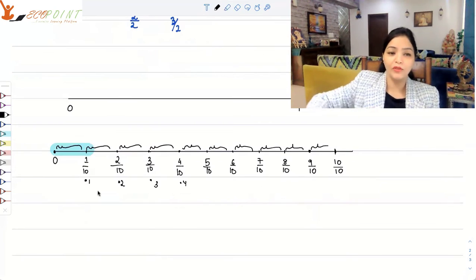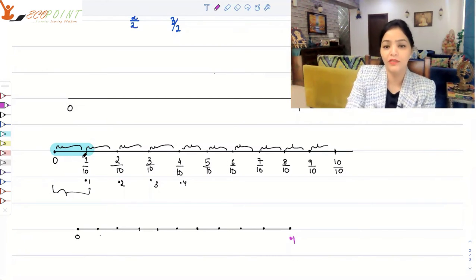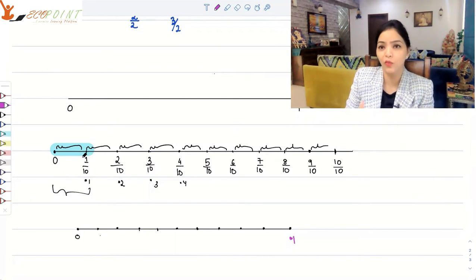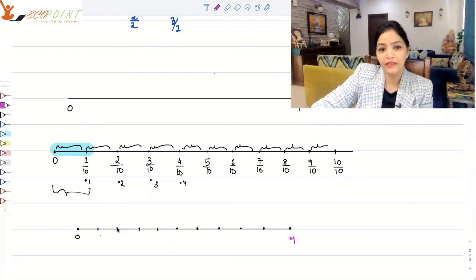What I'm going to do now is pick this one. Suppose we just take this highlighted part that is from 0 to 0.1, and I imagine that this 0.1 is basically 0 to 1. So now what is happening? I'm dividing the length from 0 to 0.1 in 10 parts.